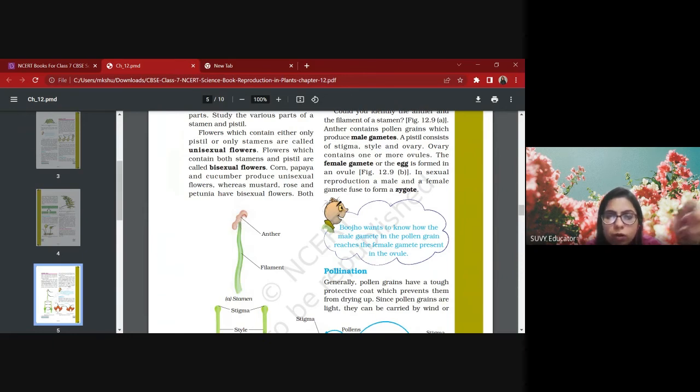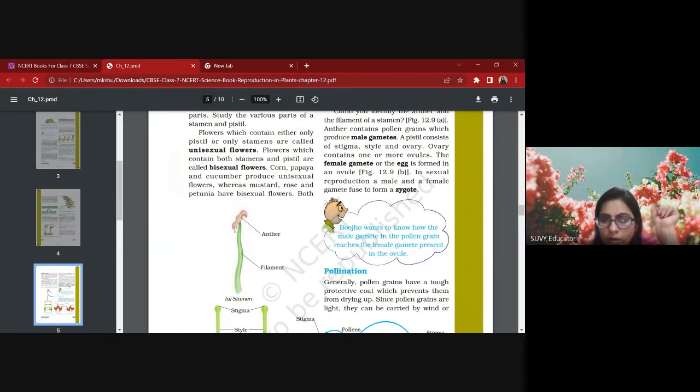Have you seen the hibiscus plant? If you pluck the red hibiscus flower and touch or smell it, there is a yellow substance. When you touch that flower, the yellow small bodies will stick all over your hand.